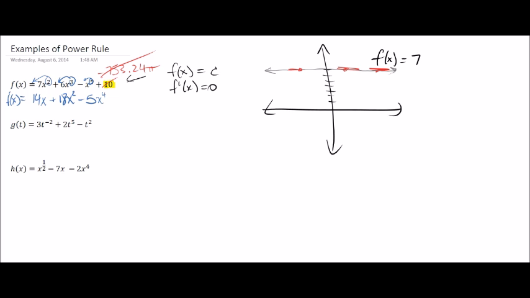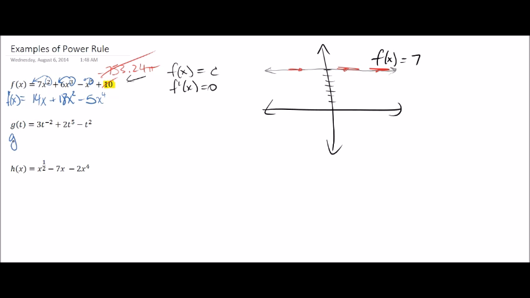So let's check out the next question here. Here we've concluded that the derivative of 7x squared plus 6x cubed minus x to the fifth plus 10 is 14x plus 18x squared minus 5x to the fourth.